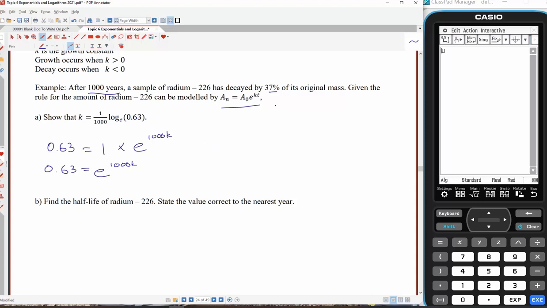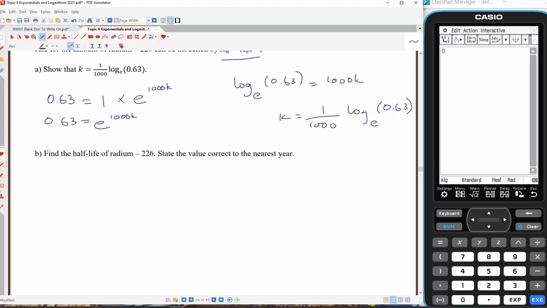You can see here that we switch to log form. So I'm going to go log base e of 0.63, which is what I'm logging, equals 1,000k. So k equals 1 over 1,000, multiplied by log e of 0.63, which is what I was required to show in the first place.